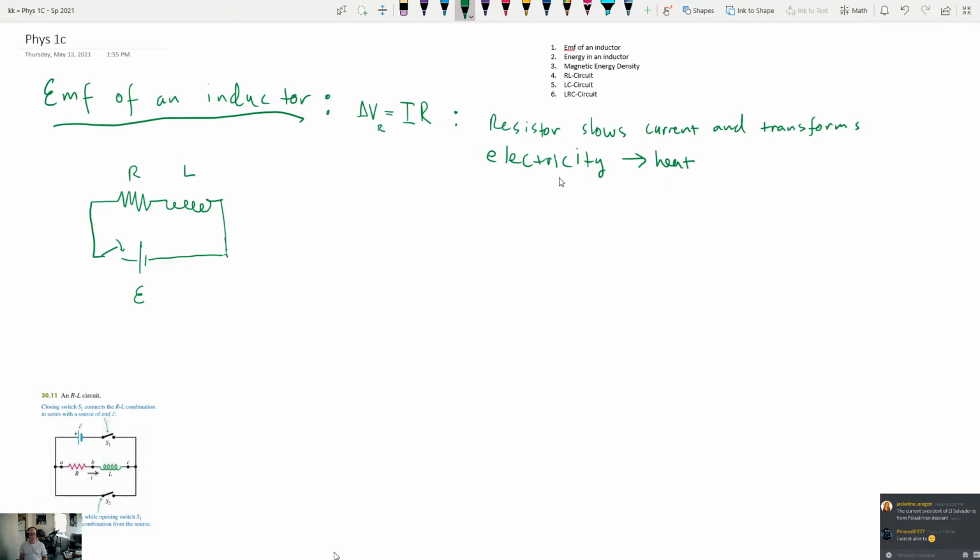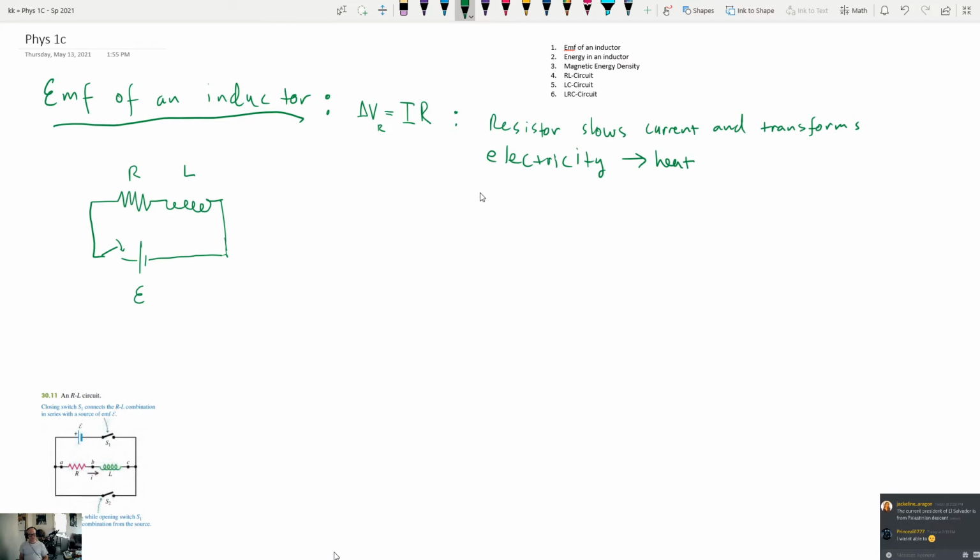In terms of physics, we would say it takes electrical energy in the form of flowing electrons, and those electrons collide with material that the conductor is made out of, and when that happens, the material itself starts to vibrate more frequently, which means the temperature of the material increases. And if you try to pass too much current through a resistor, it will burn.